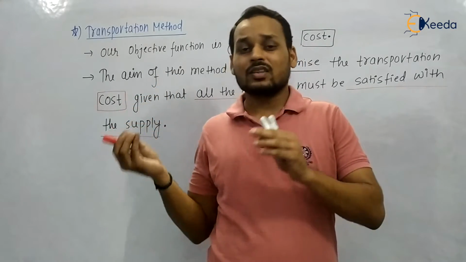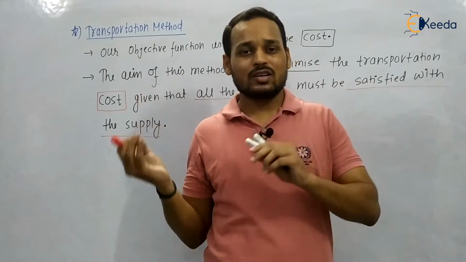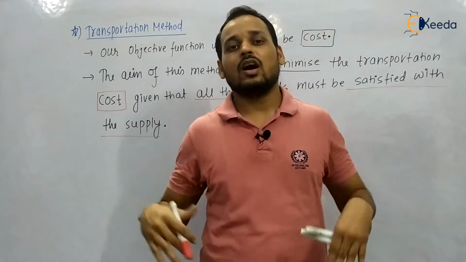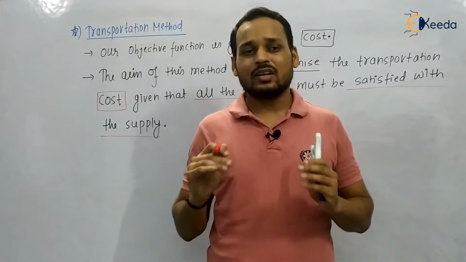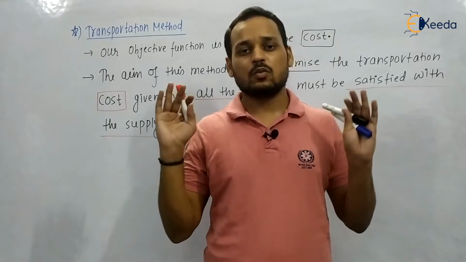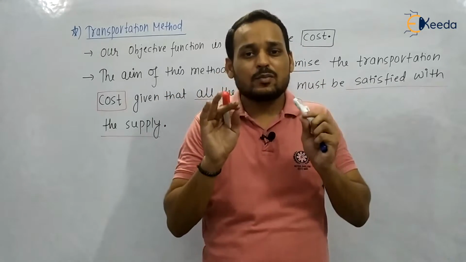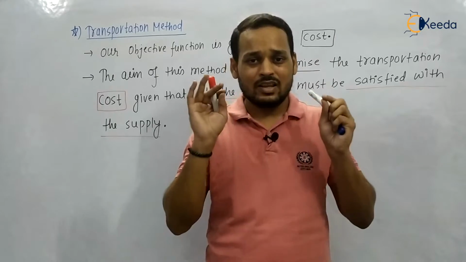What are the things we are going to transport, and how are we going to transport them? Basically in this method a cost cell matrix is involved. There is a matrix, and the name of the matrix is the cost cell matrix.